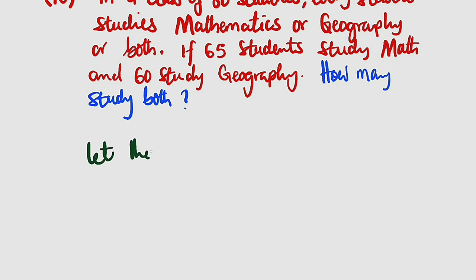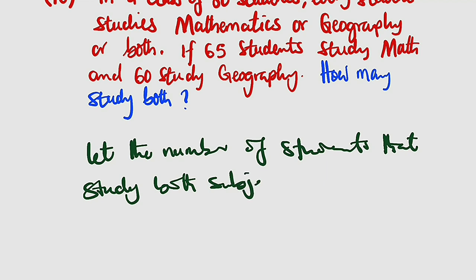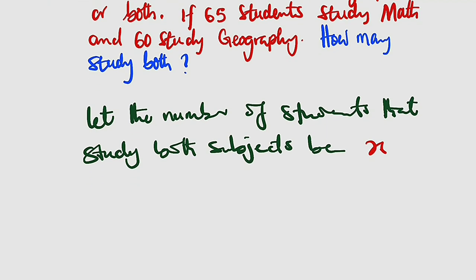Let the number of students that study both subjects be x. All right. Then three statements we are going to make here.